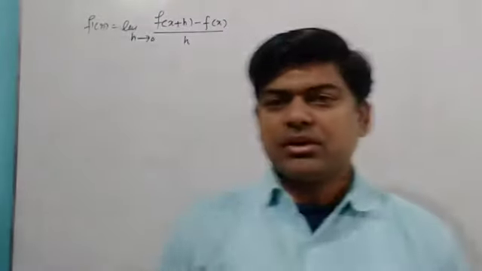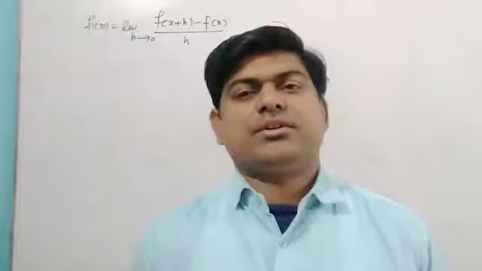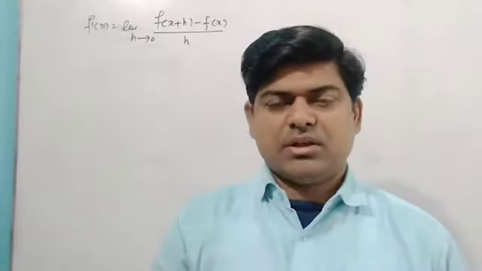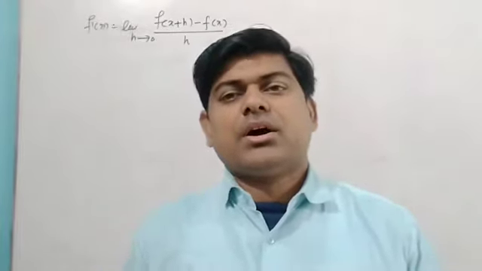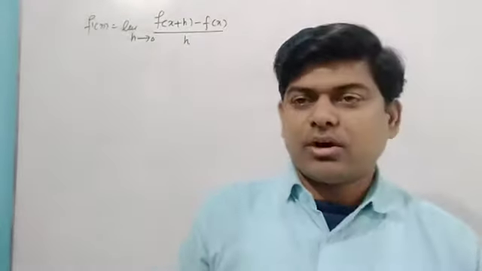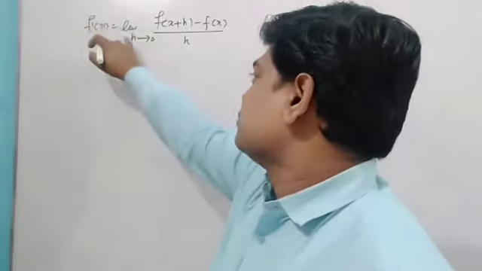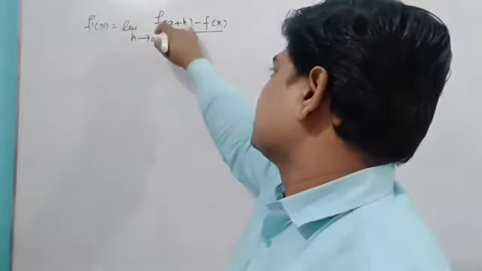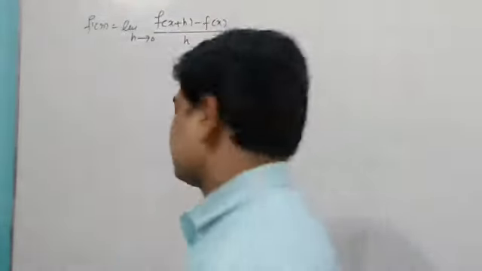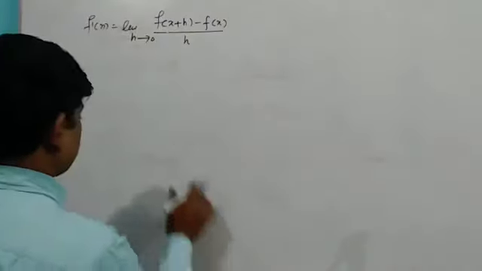First, if I want to differentiate a given function by first principle, I'll use this one. And the same thing, if I want to find the derivative of the given function at a given point, suppose that it was c, I took f dash c is equal to limit h tends to 0 of f(c plus h) minus f(c) upon h. These things we learned in the first exercise, the previous exercise I can say.